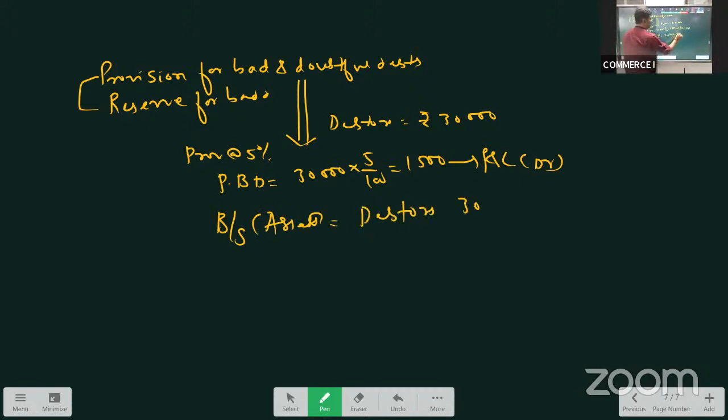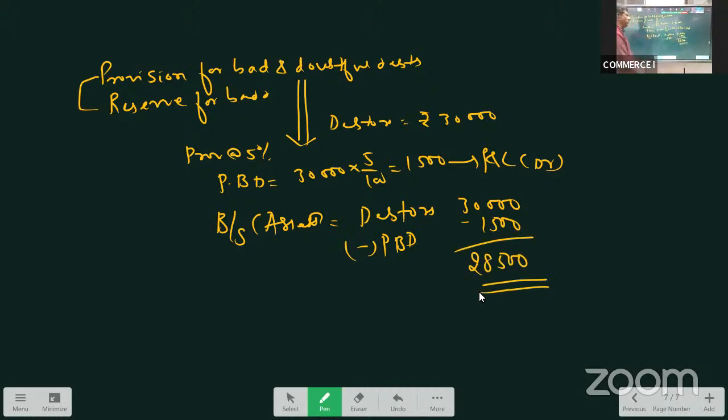What are the debtors given? 30,000. From debtors, we will deduct the provision for bad debt 1,500, and debtors will show as 28,500. So what are the two effects if I ask you? One, provision is shown in the P&L account debit side. Second, provision is deducted from debtors in the balance sheet on the asset side.